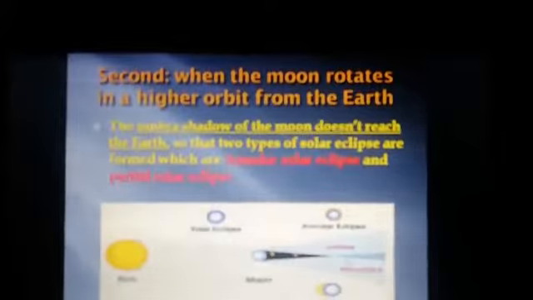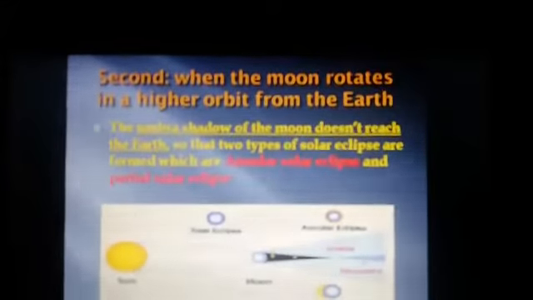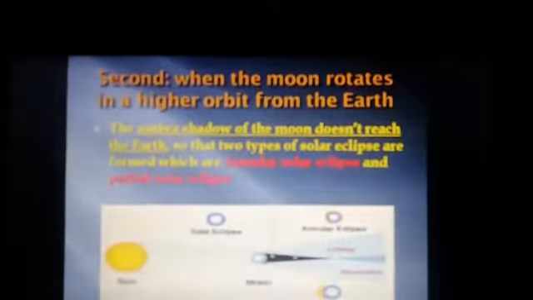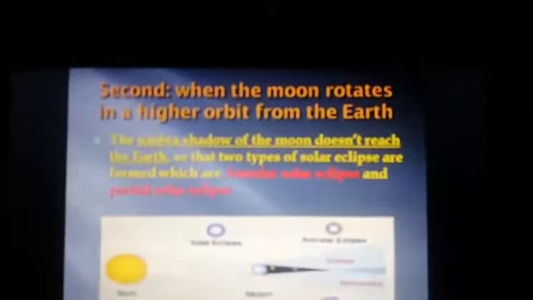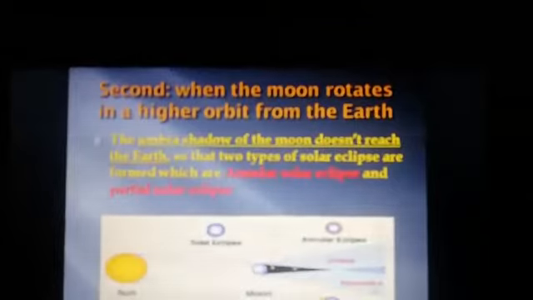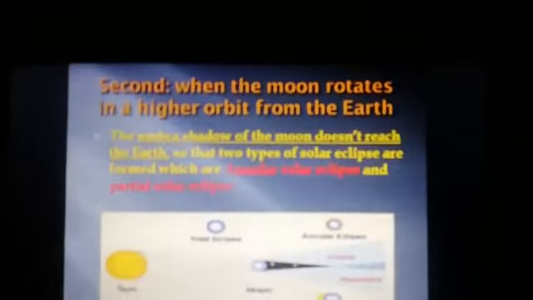This case is known as annular solar eclipse. Also, in the penumbra shadow, people can see only part of the sun, and it's known as partial solar eclipse.